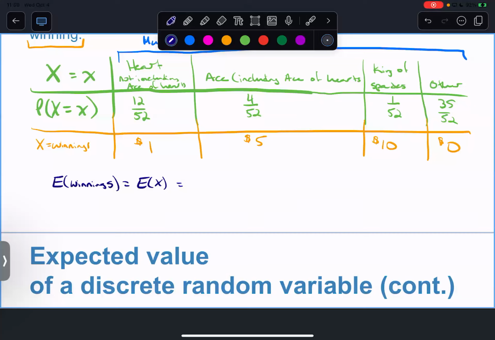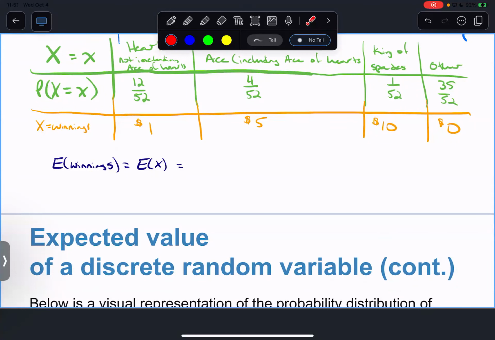But if you want to just skip to the good part, then you're taking this times this. Multiplication order doesn't matter. Plus this times this, plus this times this, plus this times this. And so that's why it helps to have this probability distribution first, because then you can just multiply down, down, down, down, add them up, and that's your expected value.